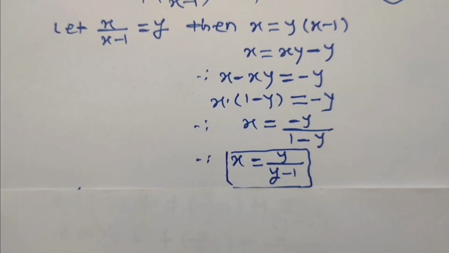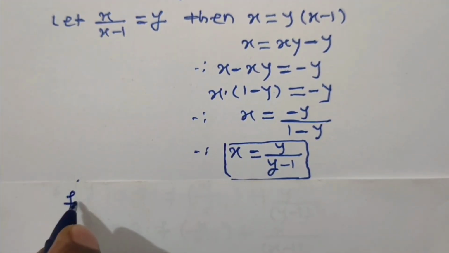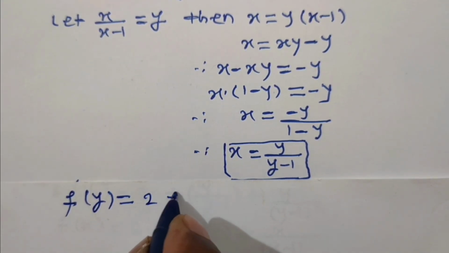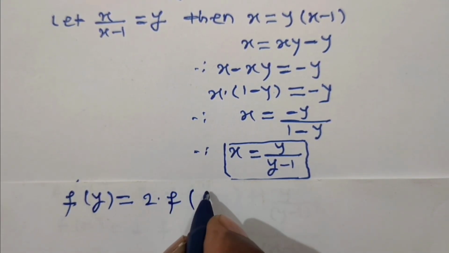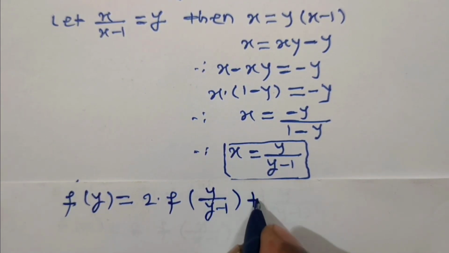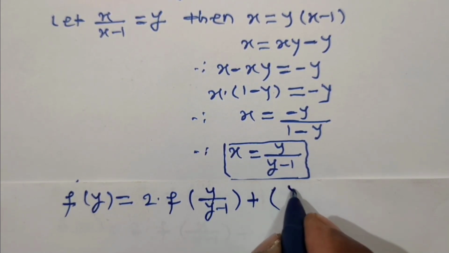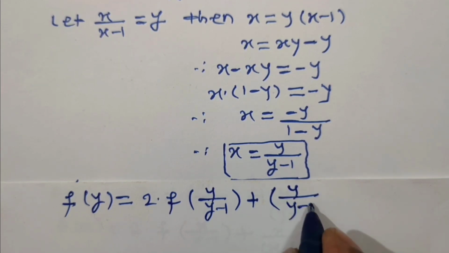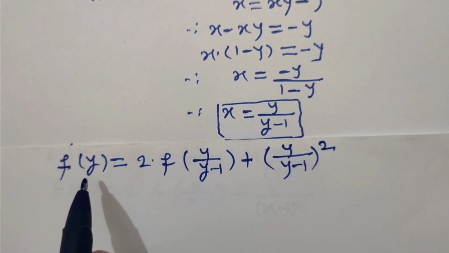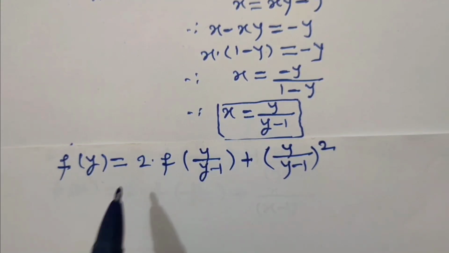Hence we can write f of y is equal to 2 times f of y upon y minus 1 plus x square, means y upon y minus 1 square of this. Now we can replace y by x because we have to find out the value of f of x.